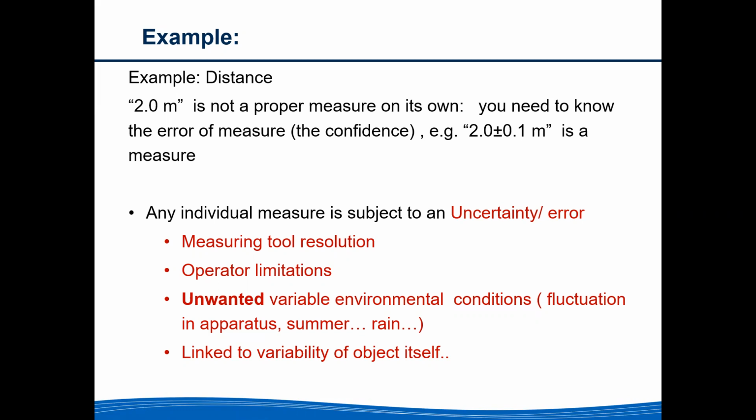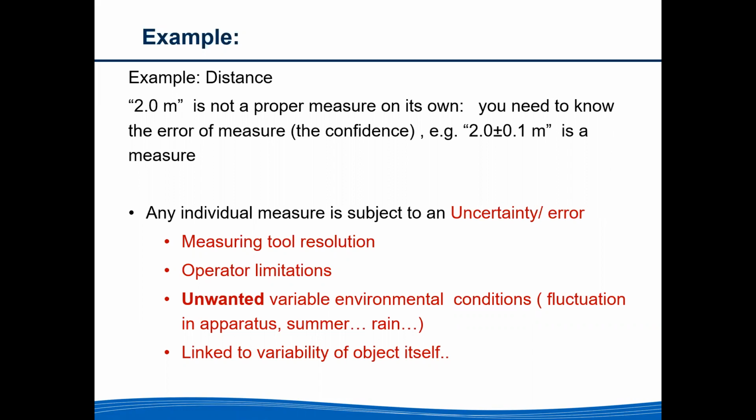So at the end of the day, we can end up saying that the entire class is 2 meters with no variations. Everybody is exactly the same height. Well, that's improper. Why? Because the measuring tool that we were using had a very poor resolution. Of course, the entire class will be 2 meters plus minus 1 meter, and that's fine. That's a correct measure. It doesn't give you much information, but it's correct.